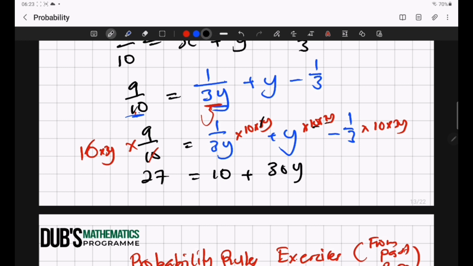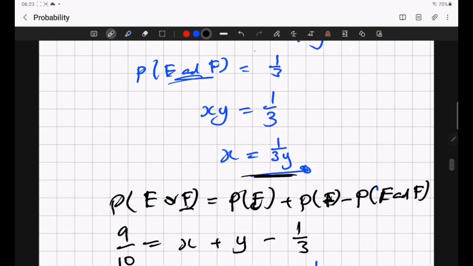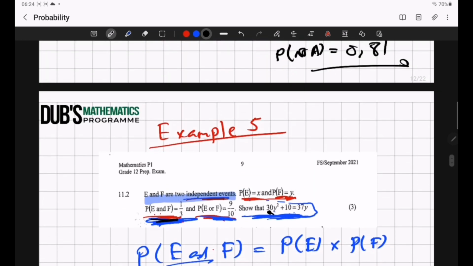Which we have here, good news. And then we've got minus 10Y here. Okay, we're close.